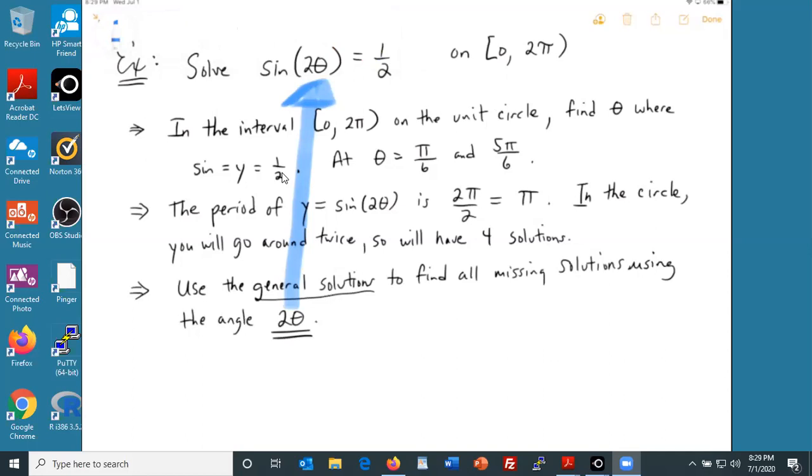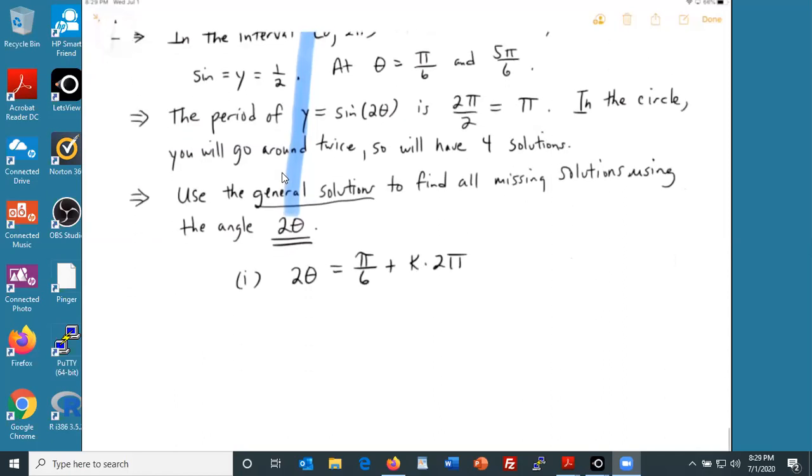So solution number one, we'll say, angle 2 theta will equal pi over 6 plus k times 2 pi. Remember, that's your general solution for a sine function. You have to add k times 2 pi.